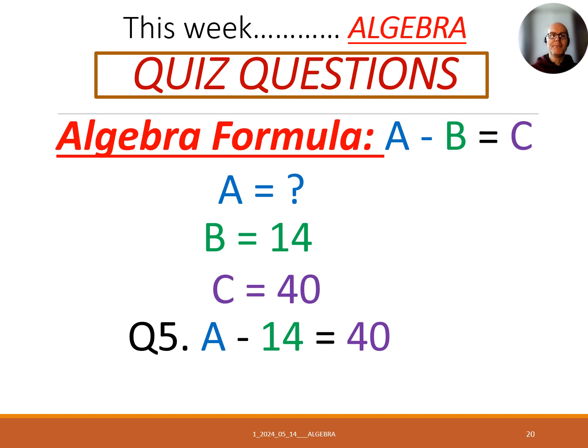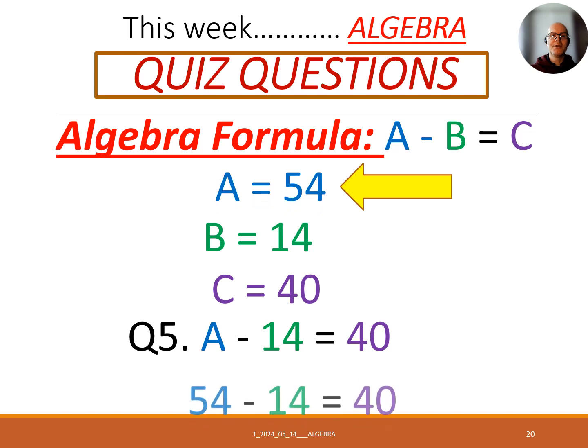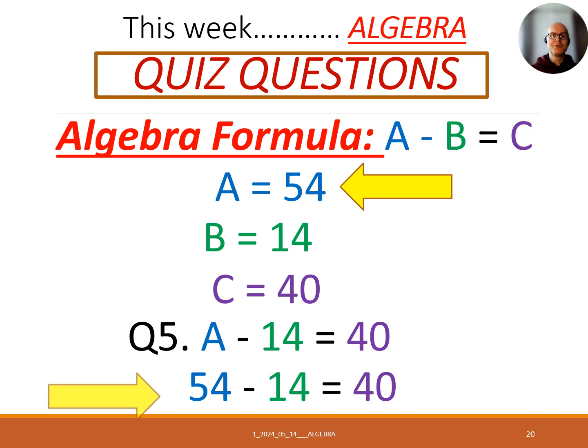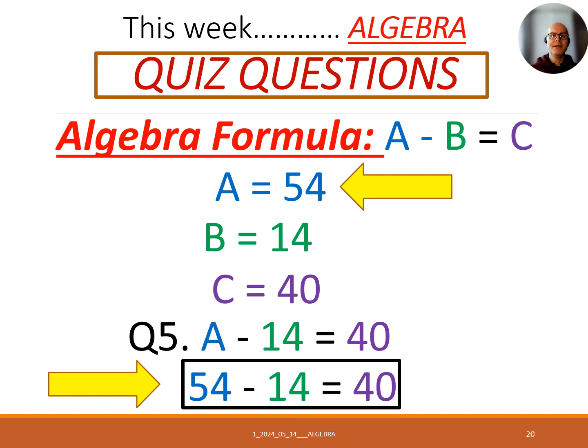So what number minus 14 equals 40? That's true when A is 54. 54 minus 14 equals 40. A equals 54 in this example.